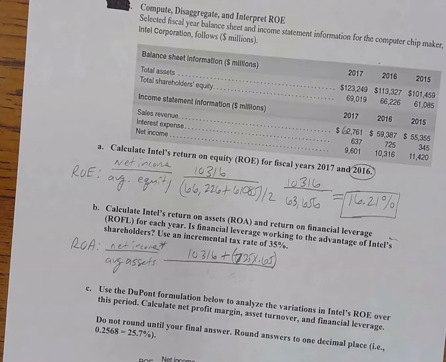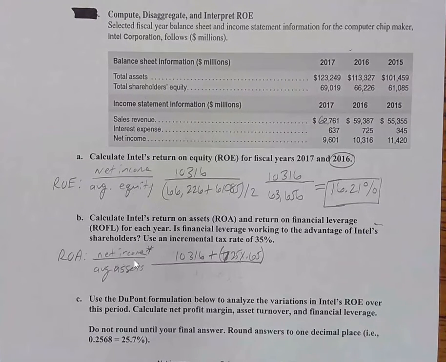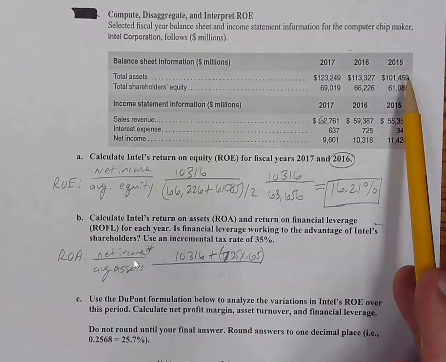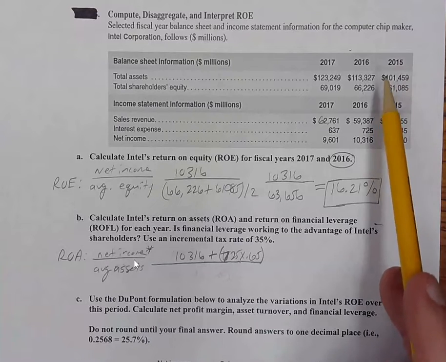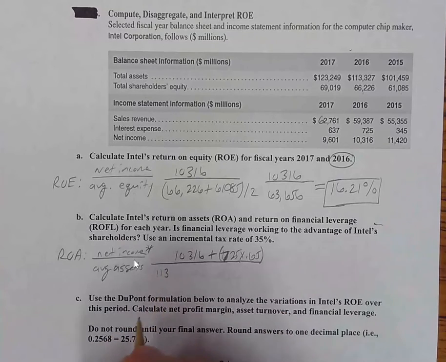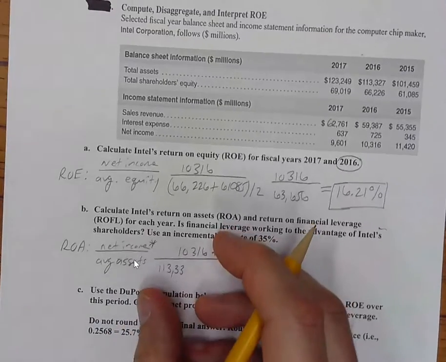Okay, so then we also need average assets, and if we look at our asset information, we're going to do the same thing that we did before, but we're going to do it with equity. So I will start with the current assets of 113,327.